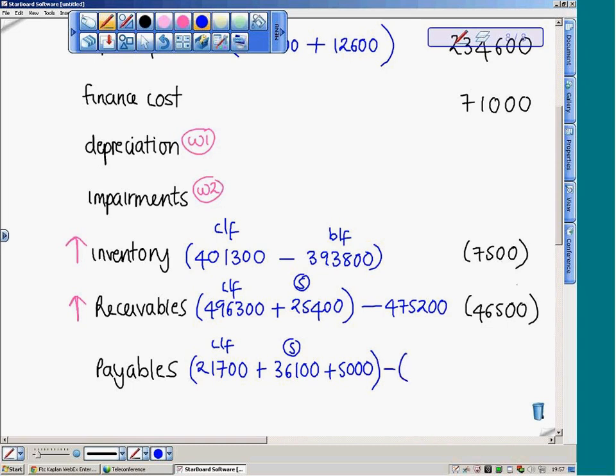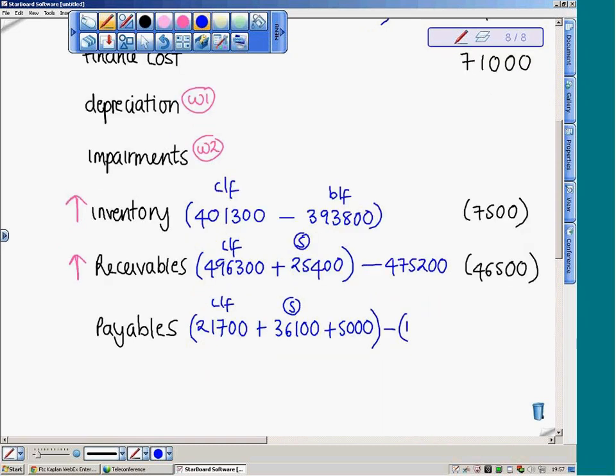I want to compare that to the 11,700, the brought forward number, and I'm running out of space there. So I'm going to deduct. Oh, I just realised I've made a bit of a typo there. So I want to strip out the effect of the interest accrual. Apologies there. I want to strip out the effect of the interest accrual.